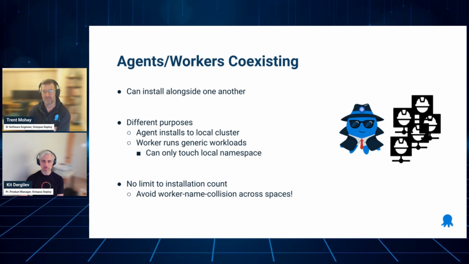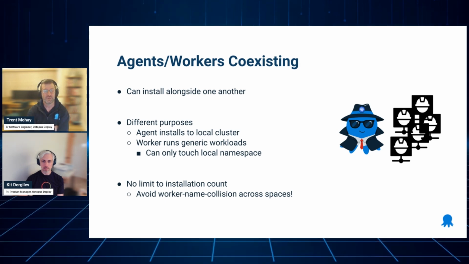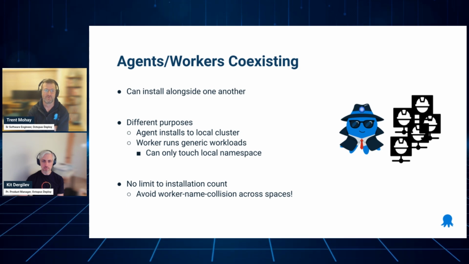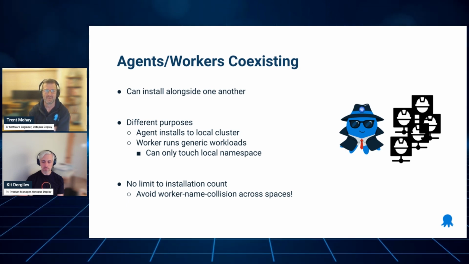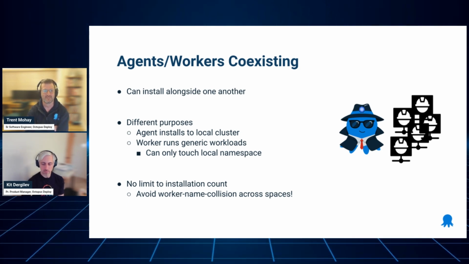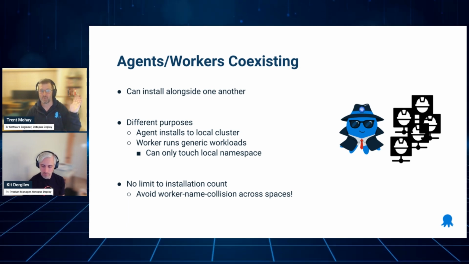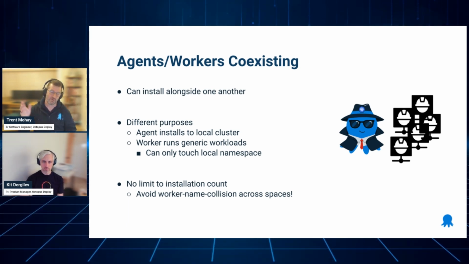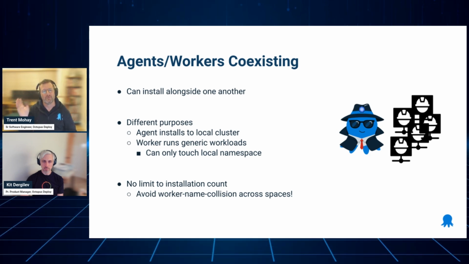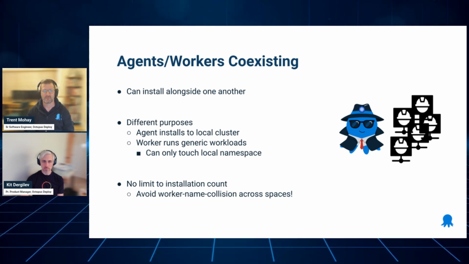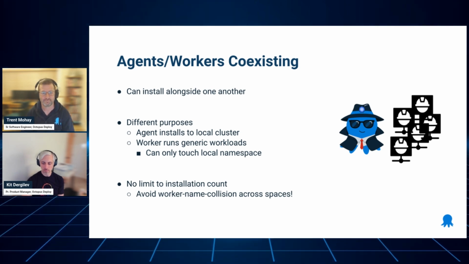At this stage, there's no limitation to how many workers you can install in your cluster. You could install 3,000. But you just need to make sure that you maintain name uniqueness, even when you're dealing with cross Octopus space concerns. So if one space has a worker called Dave and another space tries to create a Dave, you might run into some interesting problems at the moment, but there's work afoot to resolve that.